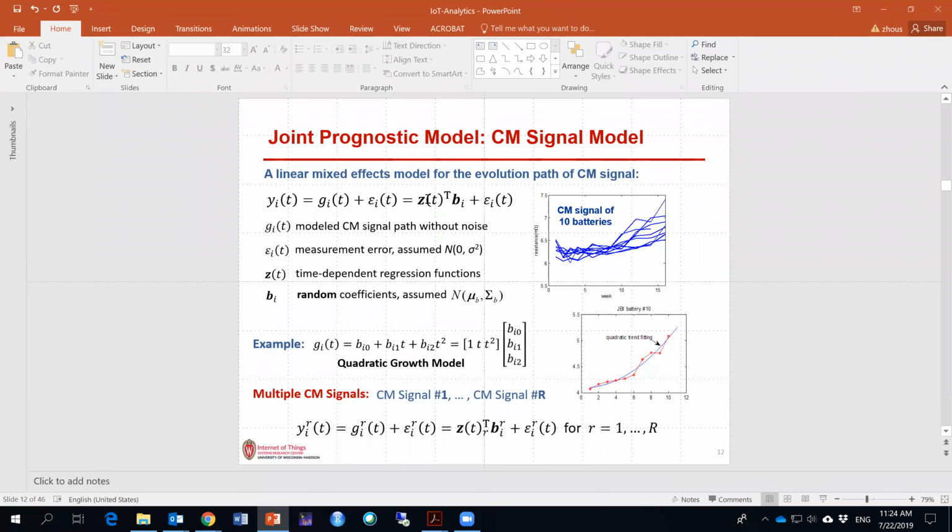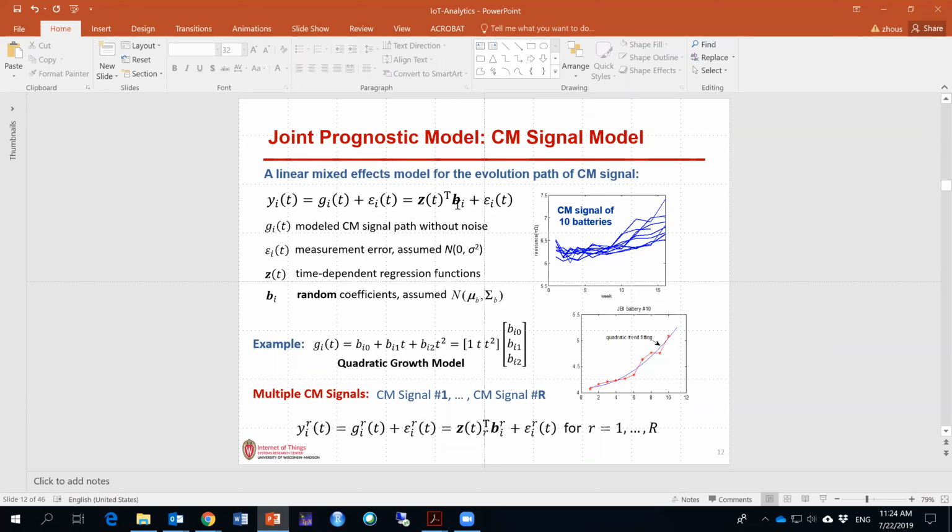For the degradation signal, we use a mixed effect model. You can view the mixed effect model as an extension of a single regression model. A single regression model describes one signal path. But the mixed effect model describes a population of signal paths. Essentially, the model coefficient in the regression model is a random variable in the mixed effect model.